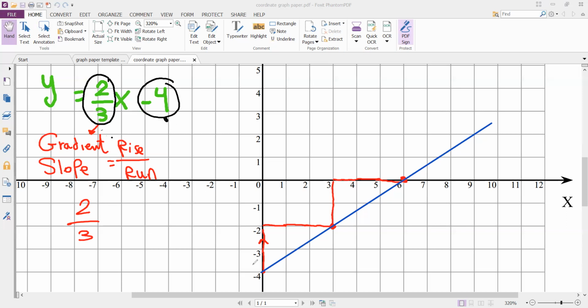So we move to -4 and put a point here to determine the y-intercept. Then we rise 2 and run 3, rise over run, and again rise 2 and run 3.